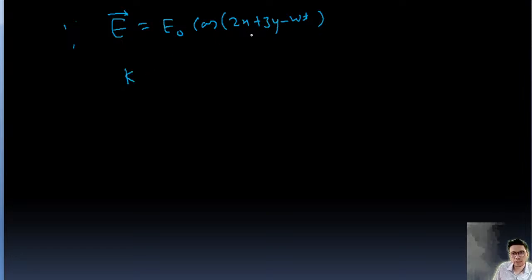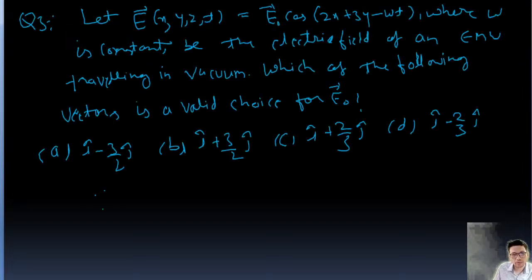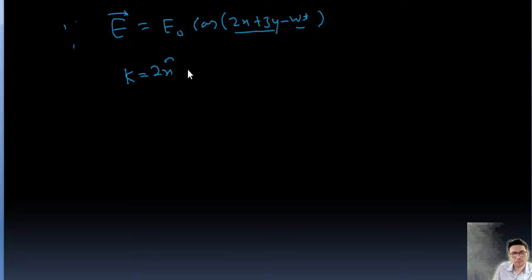We know this is k dot r minus omega t, and r we know. So the k value is 2 I cap plus 3 J cap.